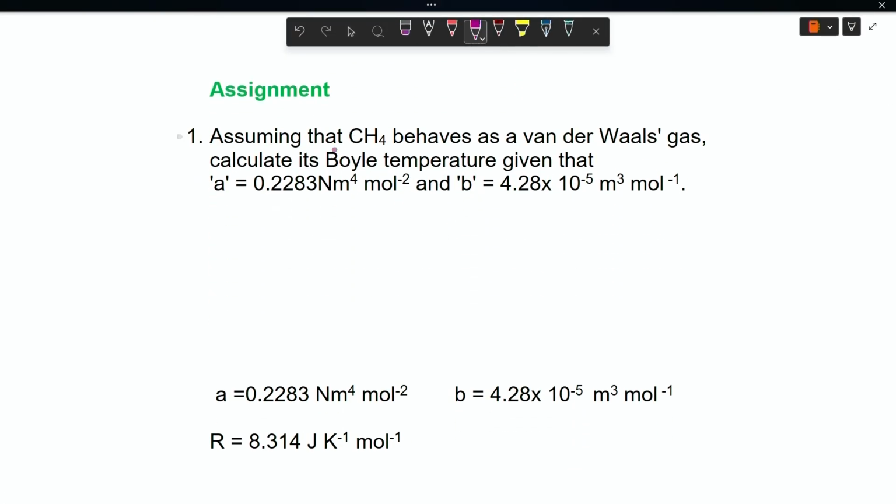The first one is a problem: assuming that methane behaves as a van der Waals gas, calculate its boil temperature given that A is equal to 0.2283 newtons meter raised to 4 mole raised to minus 2, and B is equal to 4.28 into 10 to the power minus 5 meter cube mole raised to minus 1.